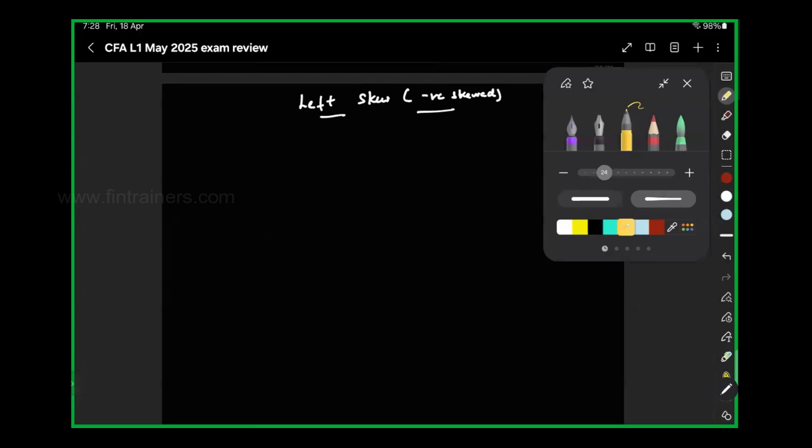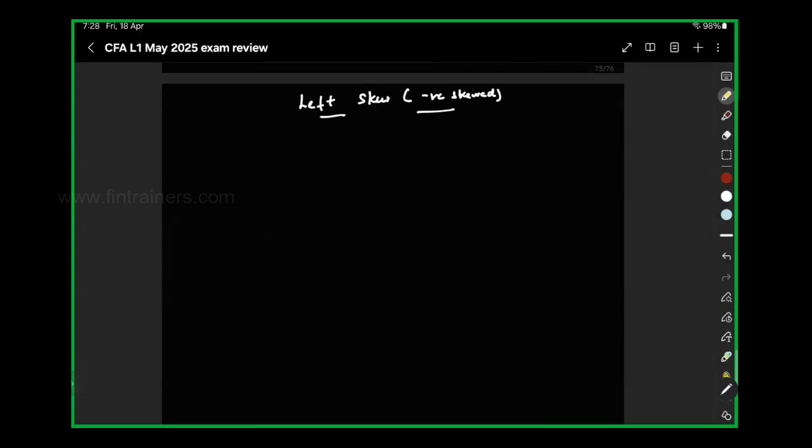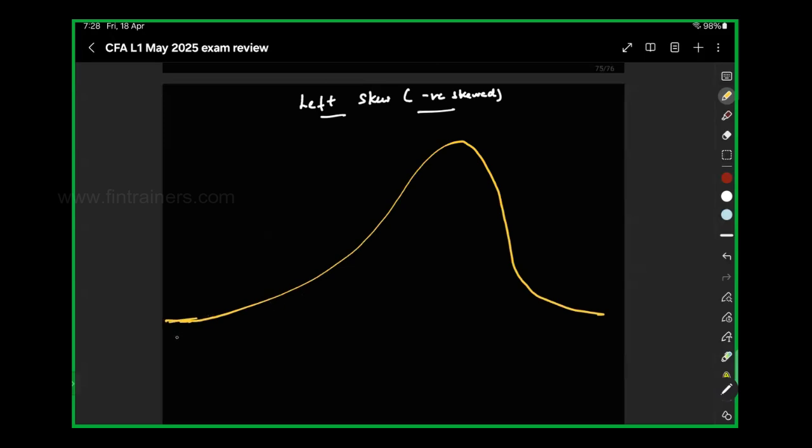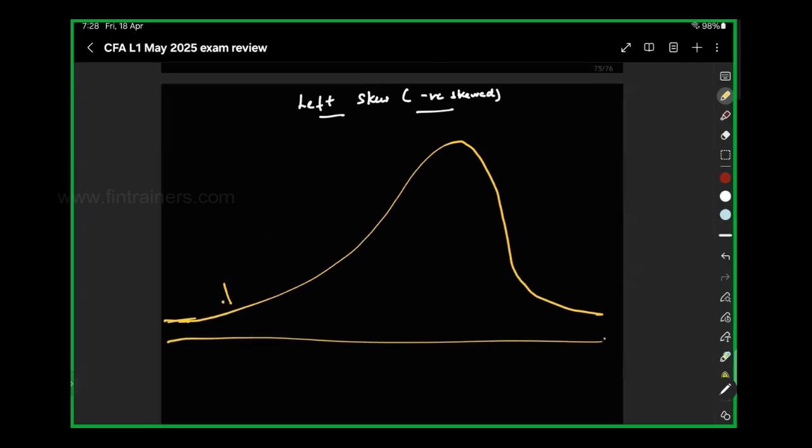If you look at the returns for the Nifty or the S&P 500, it tends to be a left skew. That is, the left tail is longer or fatter than the right tail. I don't think I drew it super well, but you get the idea. The left side has a longer, fatter tail, and in this one your skewness is going to be negative.